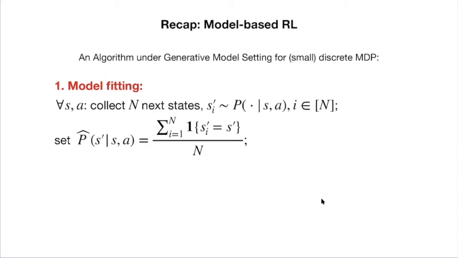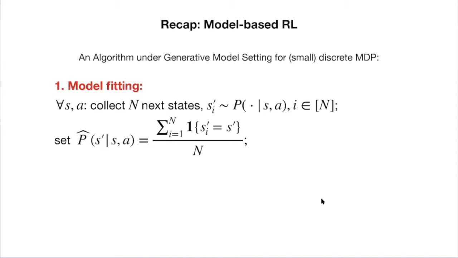Let's repeat it for n times, right? In other words, we did n experiments for this particular state action pair. And now let's just do counting, right? How many times I've hit a particular state s prime. And then the probability of transitioning to the next state s prime at S, A is just approximately equal to the ratio of the number of times that I hit s prime over the total number of experiments that I just did.